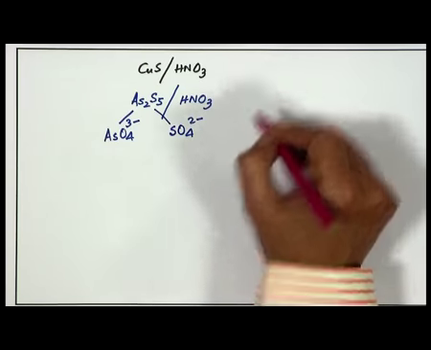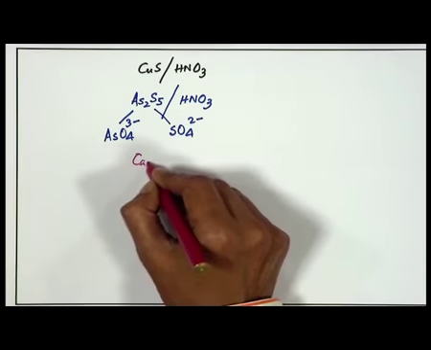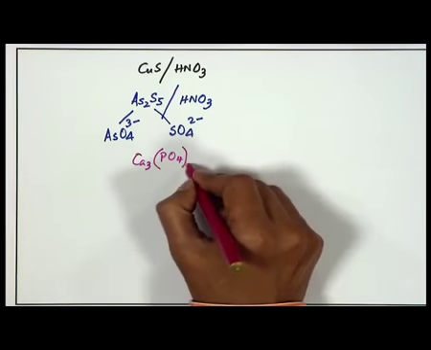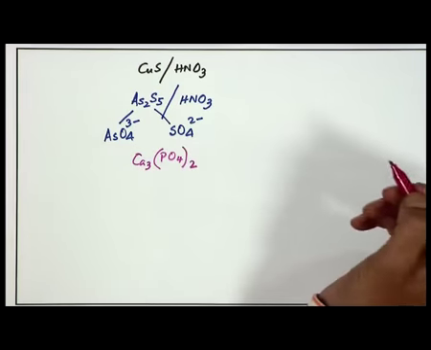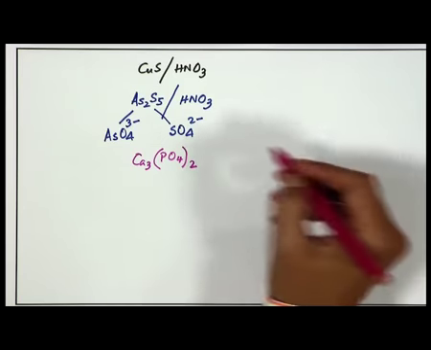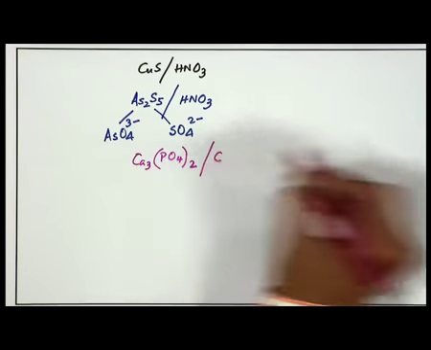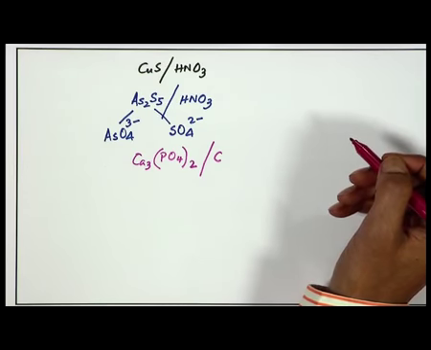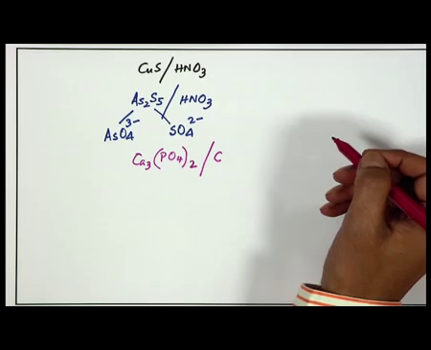Similarly, we can have Ca3(PO4)2 which can be reduced by coke or charcoal or carbon. That means the carbon reduction process, which is a typical industrial process we know.